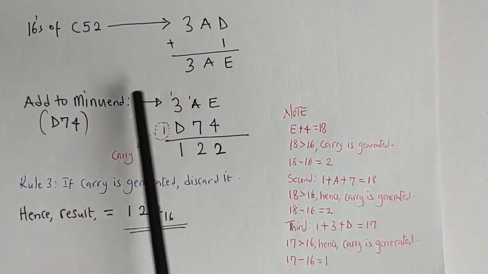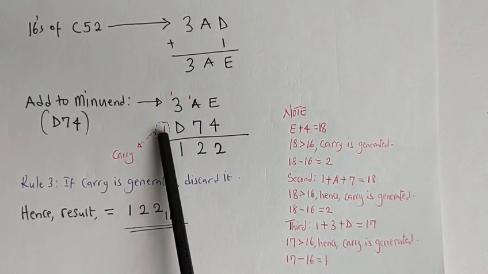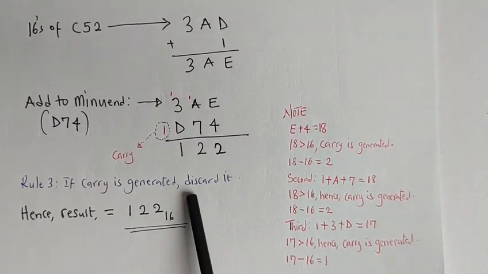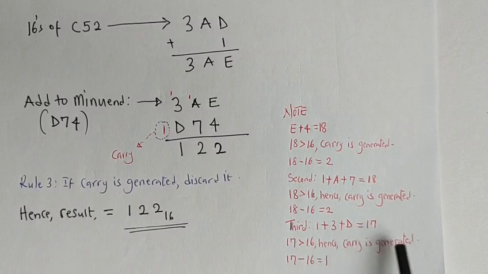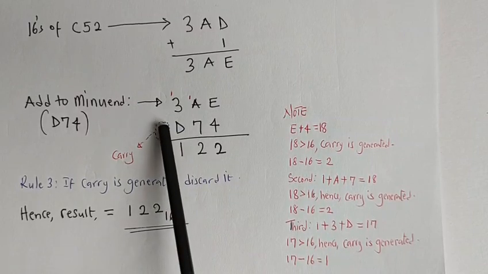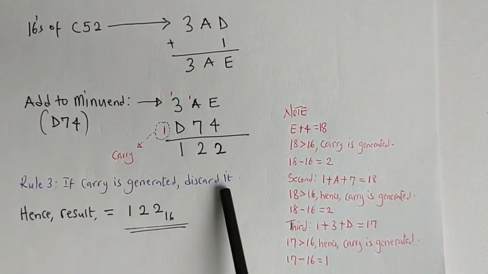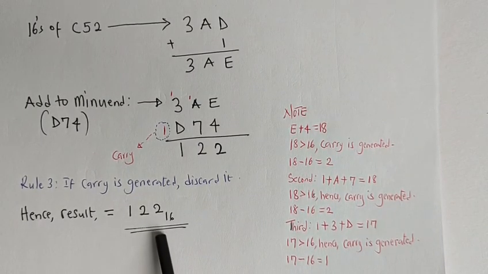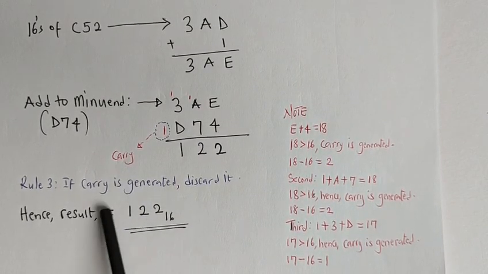So this carry that is generated, from the rule, we have to discard it. We say 17 minus 16 gives us 1. The carry generated, we have to discard it according to the rule. Therefore, the final result is 122 base 16. That is how we got this result.